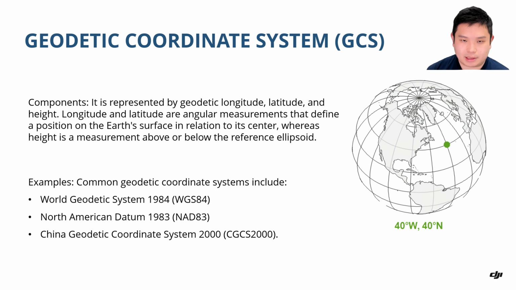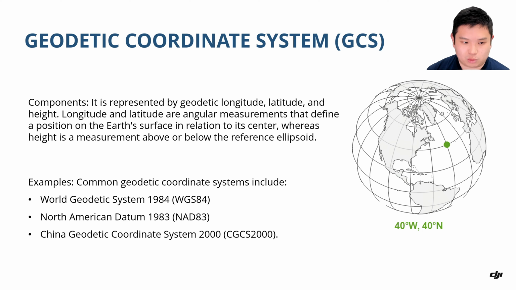Because the geodetic coordinate system uses a reference ellipsoid, when you have a different reference ellipsoid, you have a different geodetic coordinate system. That's why many different geographic coordinate systems exist. Some commonly used ones are the following. World Geodetic System 1984, or in short WGS 84, is a commonly used one worldwide.